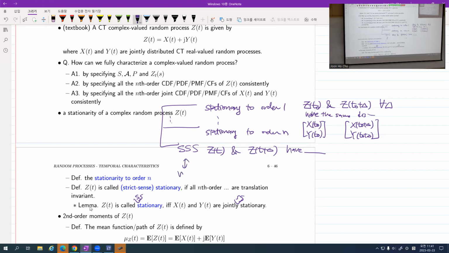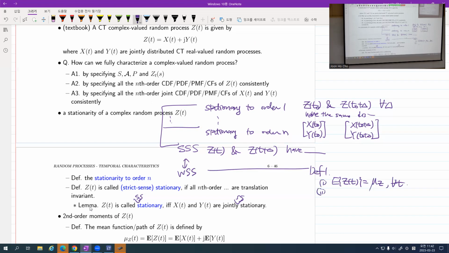And another one. We want to define wide sense stationarity, and that has a headache because different people define wide sense stationarity in different ways. The first definition, which is naive, is that the expected value of this complex random process is constant for all t. What does that mean? It's a constant function of time t, and that value could be any complex number. And the second one is what?